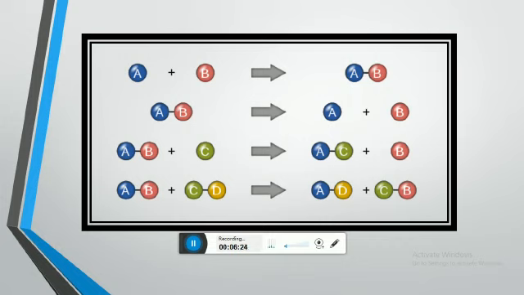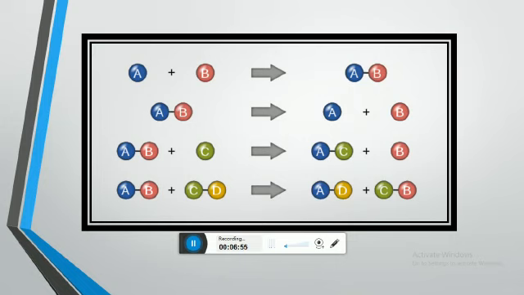Now come towards the third one. This is actually the single displacement reaction. How? AB is already a compound. If we add another element, C, look in the figure on the right side, B is displaced by C. So A and C is a new compound and B becomes separated.